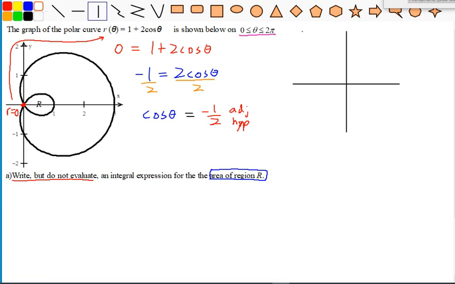So we want the adjacent to be -1. In order for the adjacent to be negative, it has to be over in the second or third quadrant there. Draw our triangles in here.